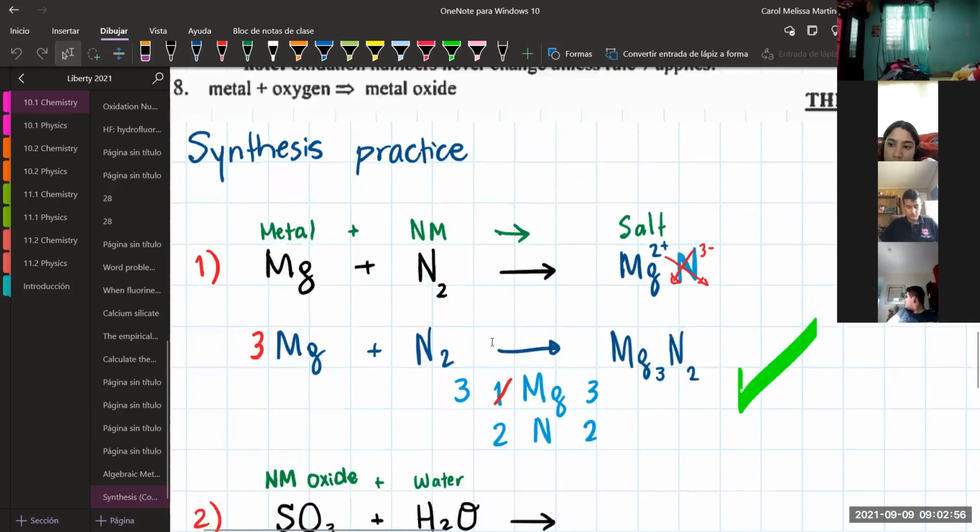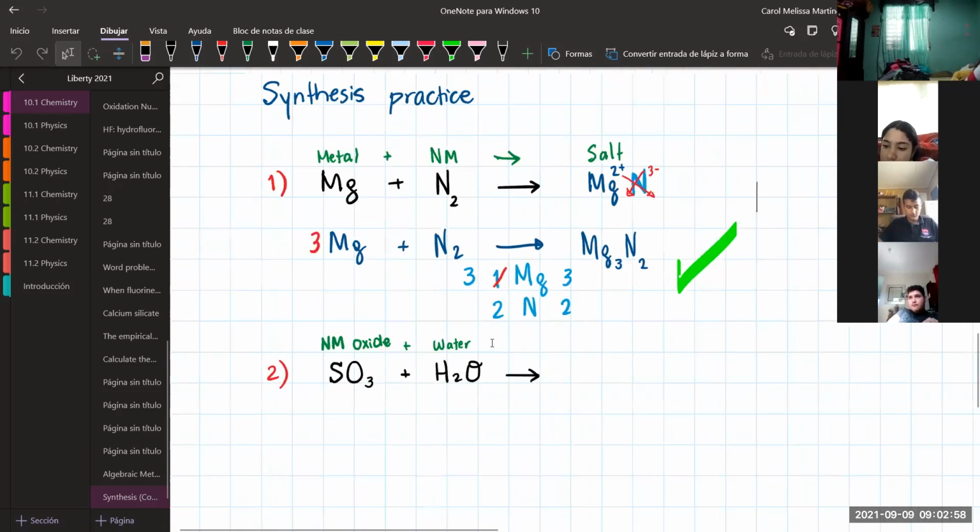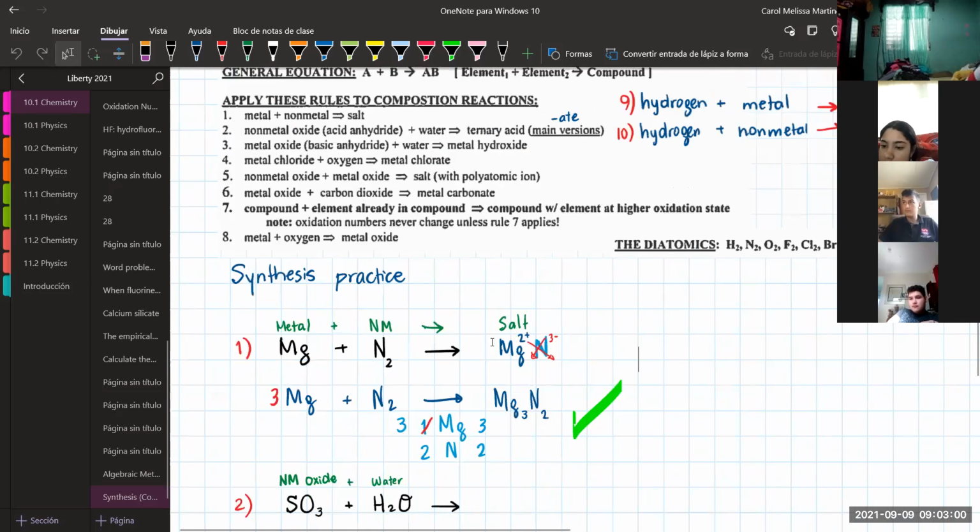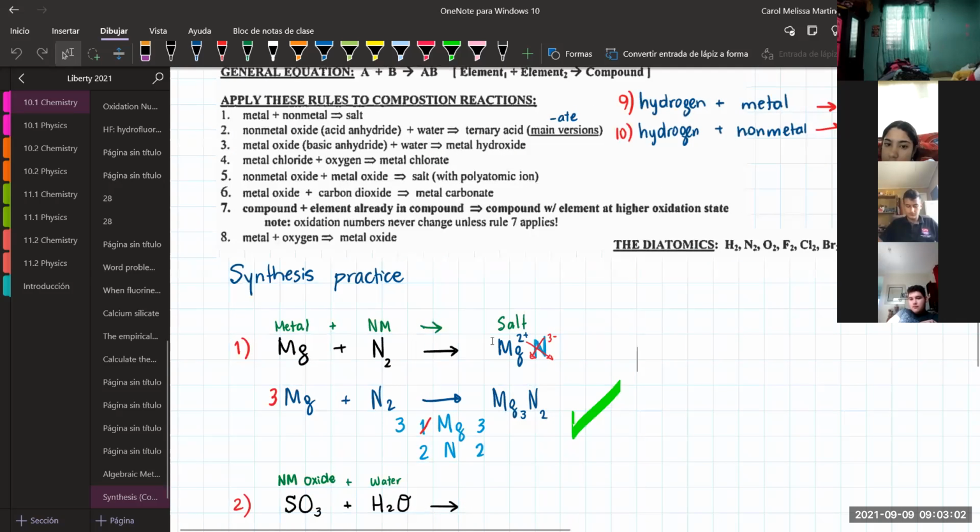Now tell me, what rule can I follow in exercise number 2? I have non-metal oxide and I have water. Non-metal because of sulfur and oxide because of the oxygen. What rule is that? The second rule.